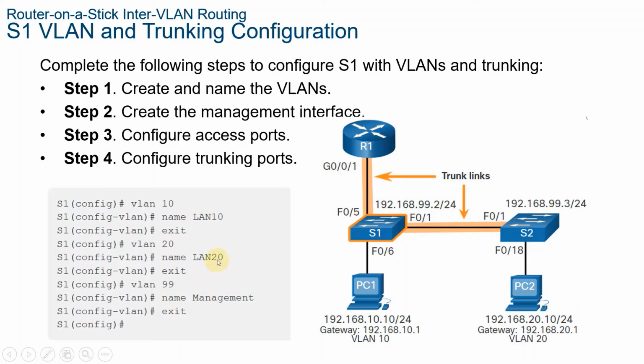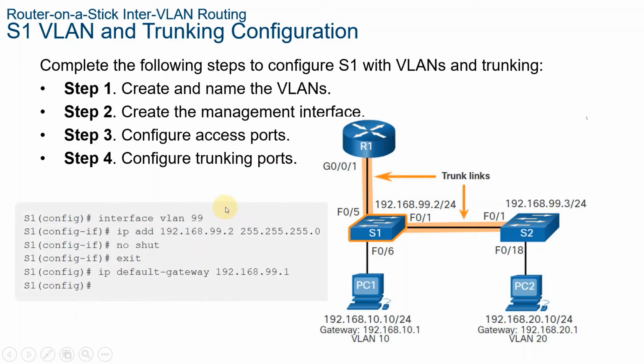After creating and naming the VLANs, the second step is to create the management interface. The management interface is created on VLAN 99 here, along with the default gateway of R1. The configuration says interface VLAN 99. Let's put an IP address 192.168.99.2.